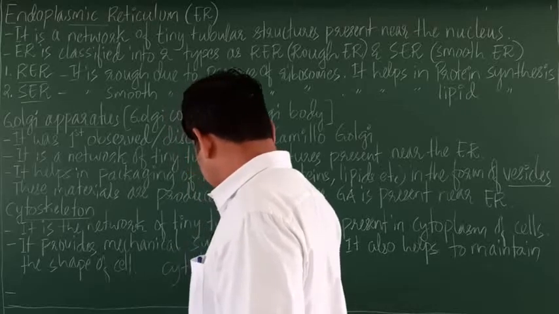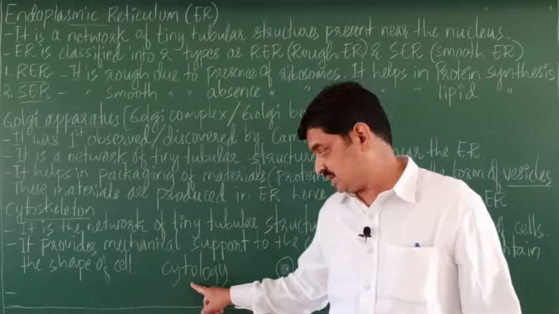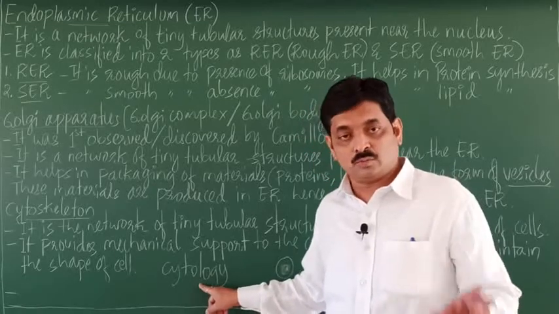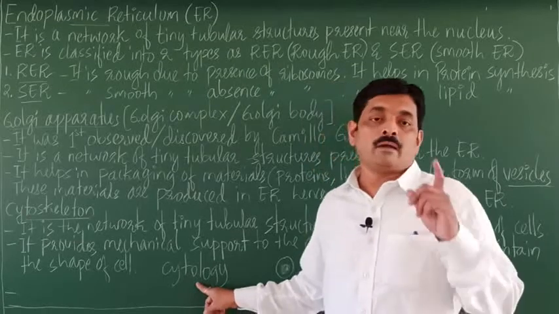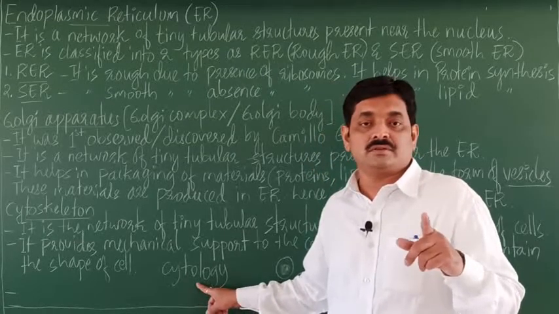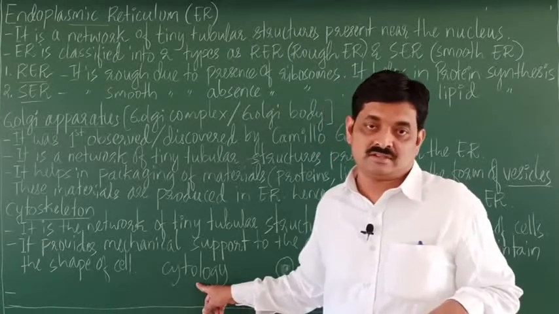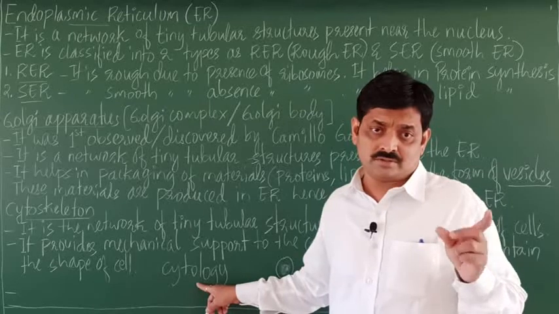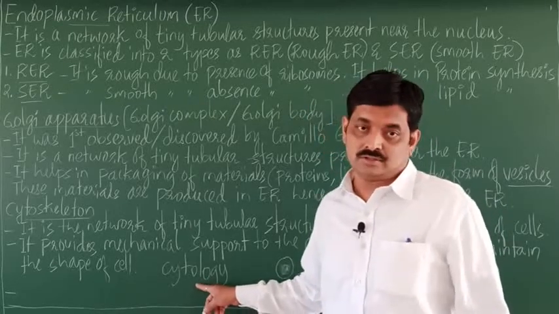So the word cyto means cytology. And what is cytology? Cytology is the branch of science which deals with the study of cells. So in simple words, the study of cells is called cytology.